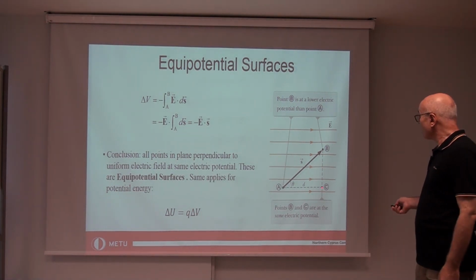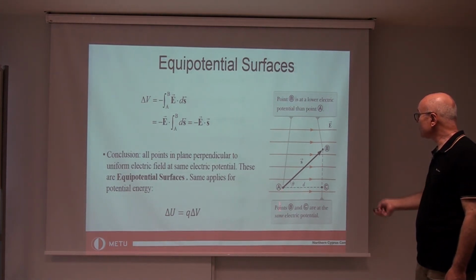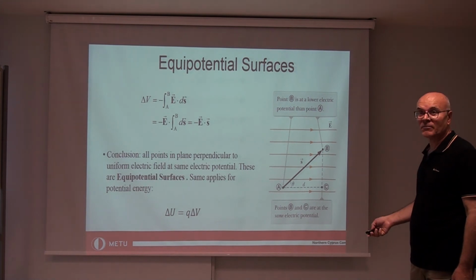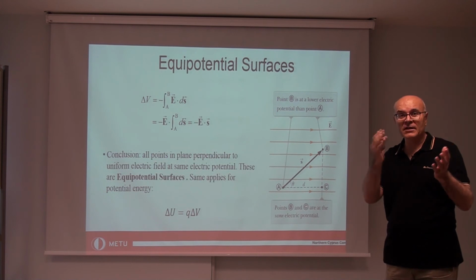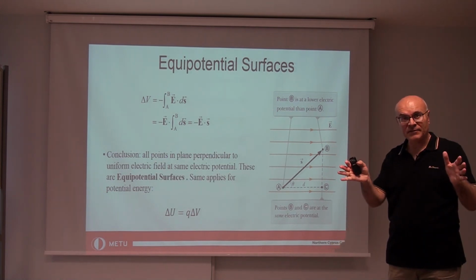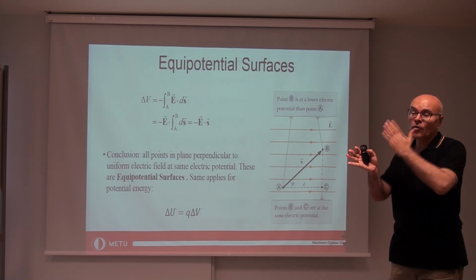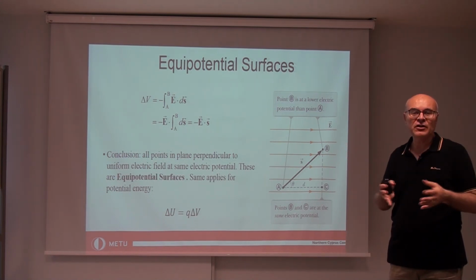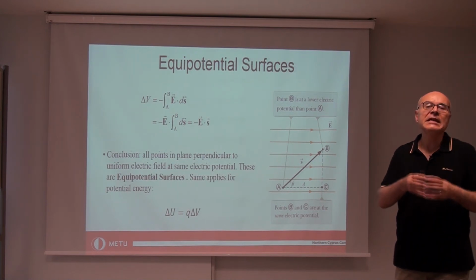So all points on that surface are at the same potential. Now, these surfaces are hypothetical surfaces in an electric field, where all points on the surface are at the same potential. These are equipotential surfaces, surfaces of equal potential.